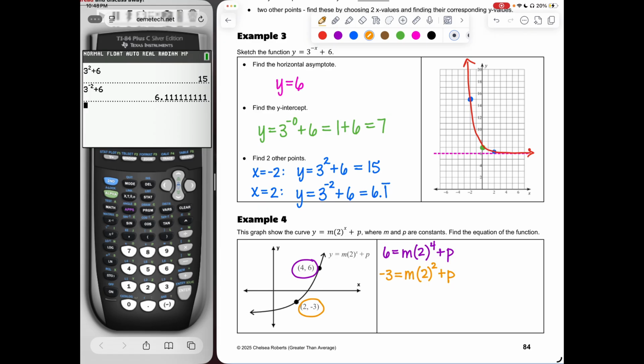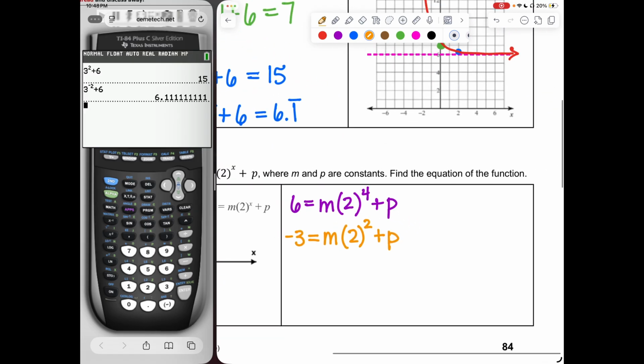So now what we're going to do is simplify them a little bit so that they look a little neater. So the equation at the top will be 6 is equal to 2 to the power of 4, which is 2 times 2 times 2 times 2, which is 16, and that will be m plus p.